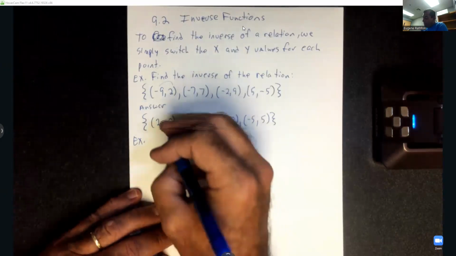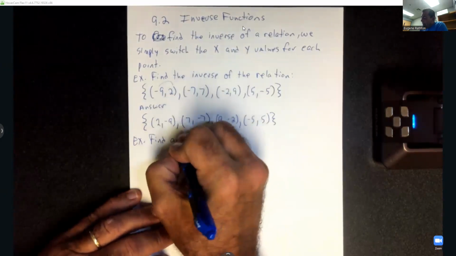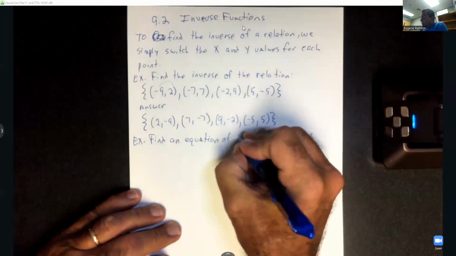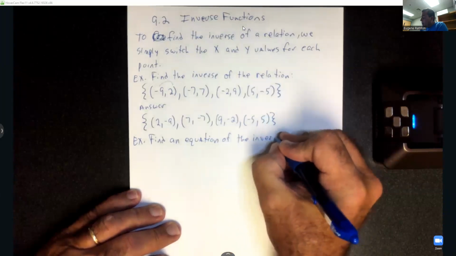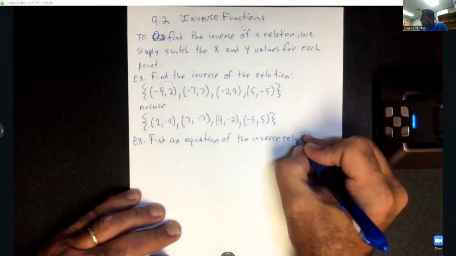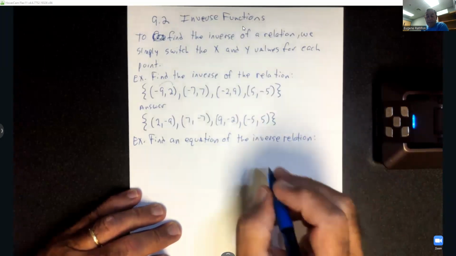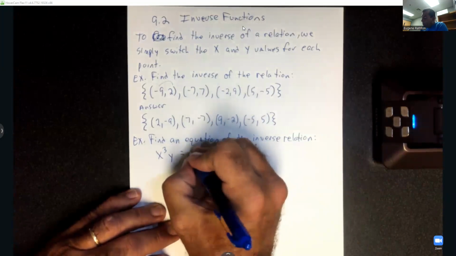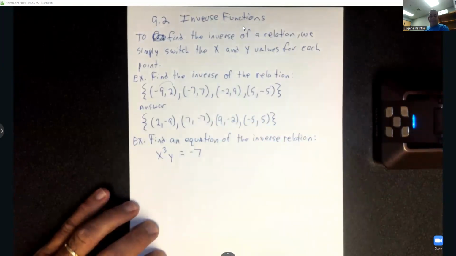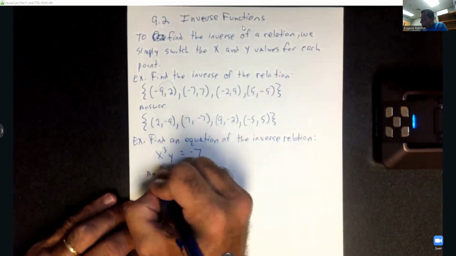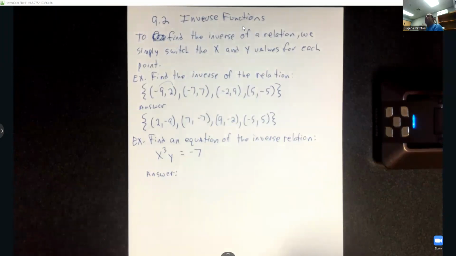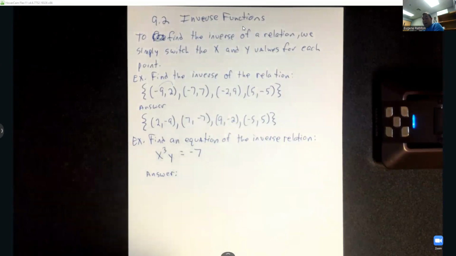So y'all watch this. Find an equation of the inverse relation. So this one they're giving us x cubed y equals -7. So for the answer, guess what? All I'm going to do is switch my x and my y.